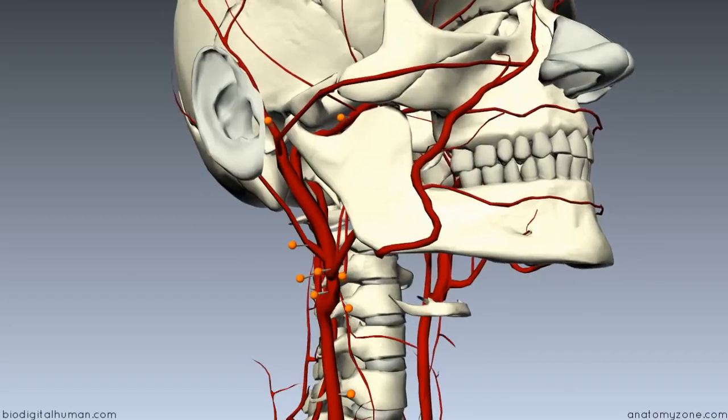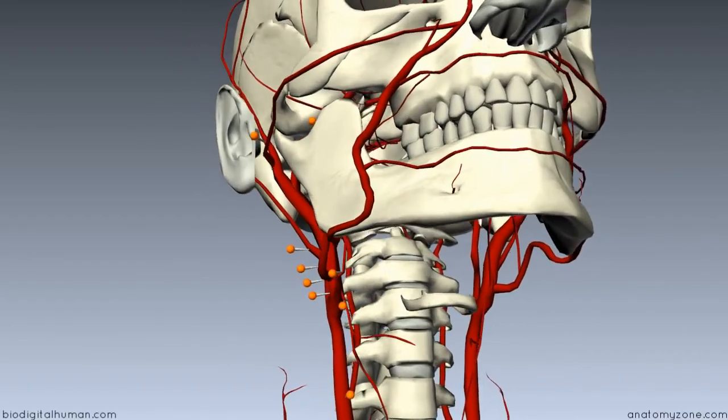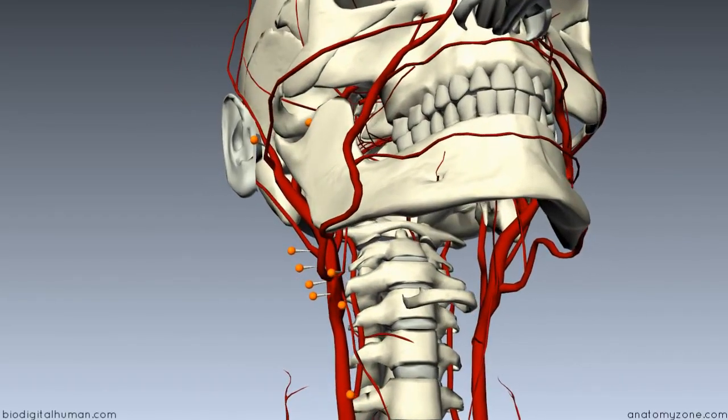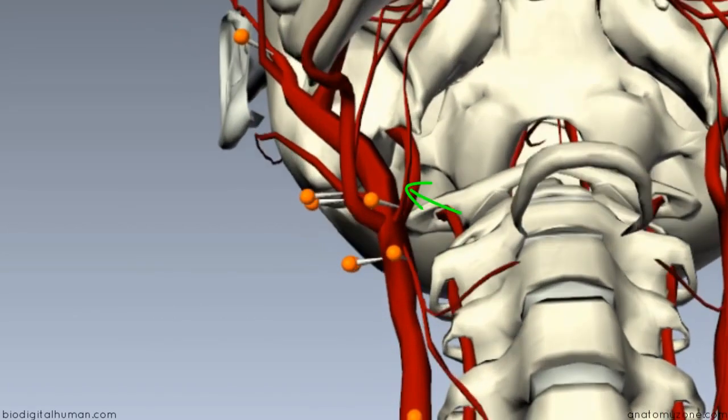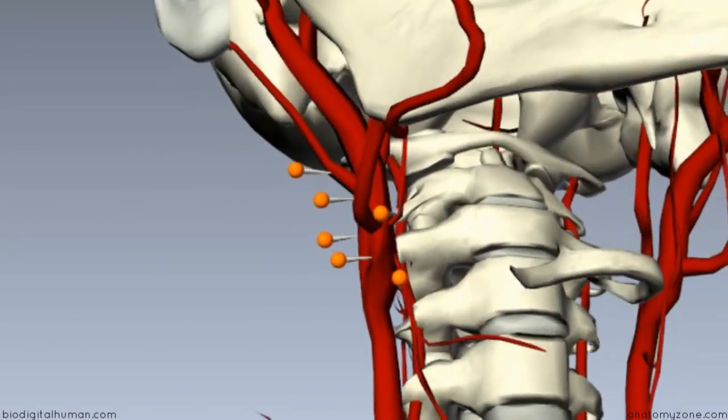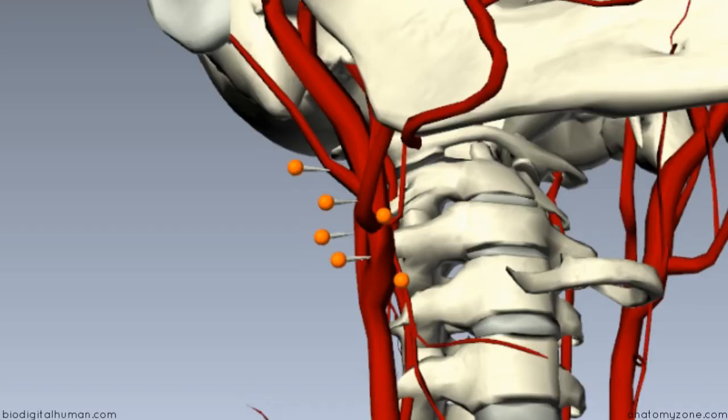Just above the superior thyroid we've got the second branch, which is the ascending pharyngeal artery. You can see it here. As you can see, this branch comes medially off the external carotid artery and kind of posteriorly.